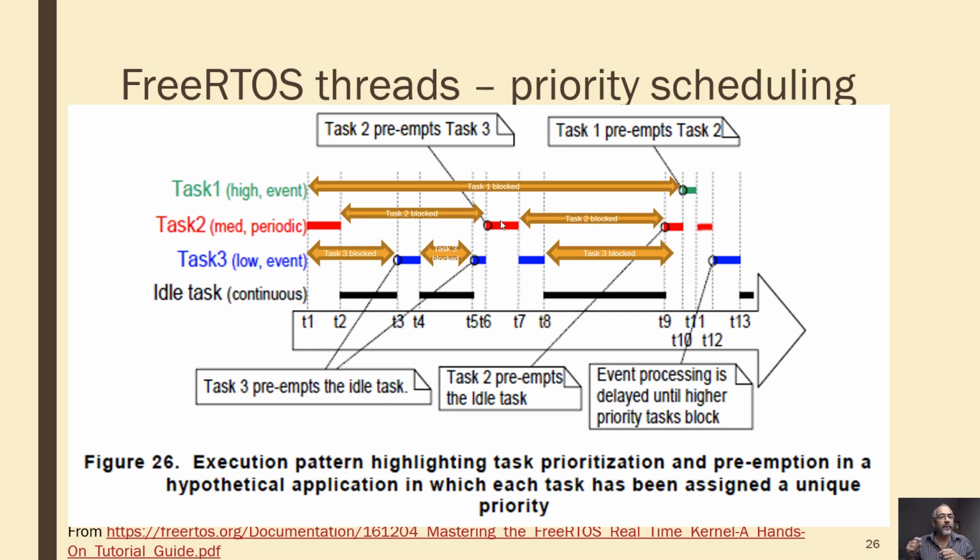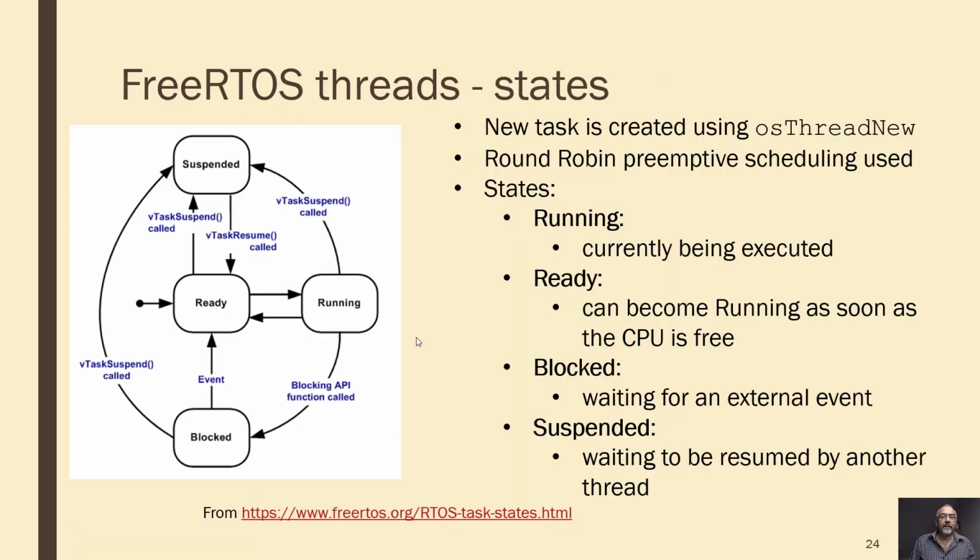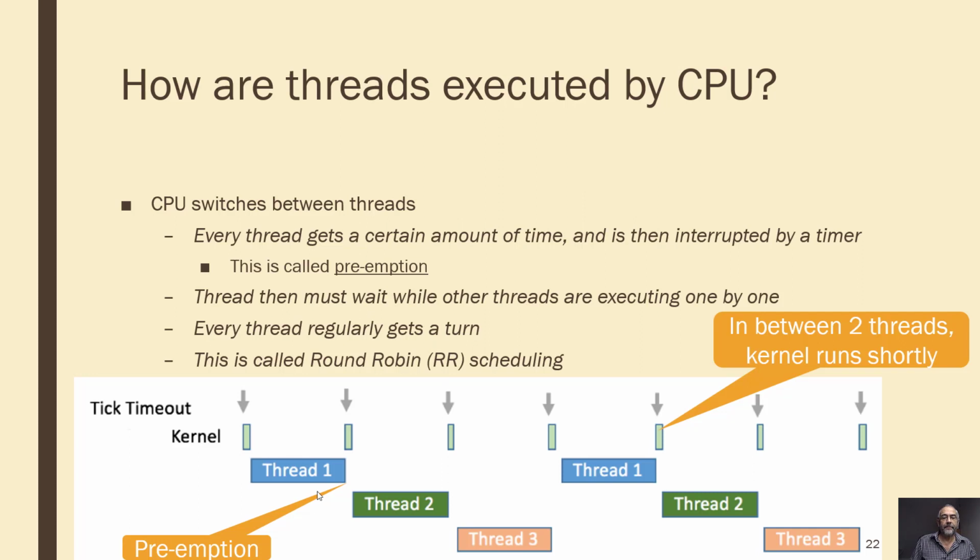And if there are multiple tasks with the same priority, then we have this round robin going on. So this round robin that we see here is only relevant and working like this when these threads have the same priority.